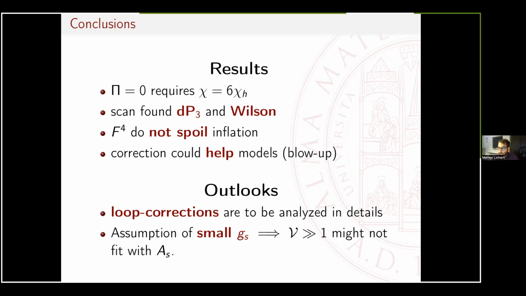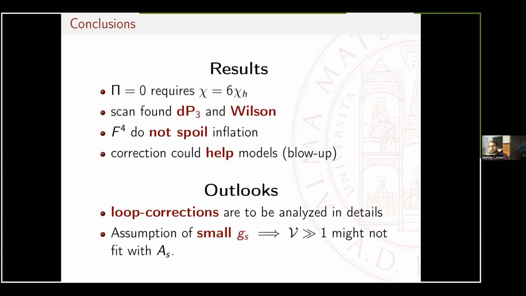Possible outlooks for the future, as I mentioned before, these loop corrections that we assume to be absent in the blow-up case, because we said that they were not entering the inflaton potential, and we were saying that they were absent.